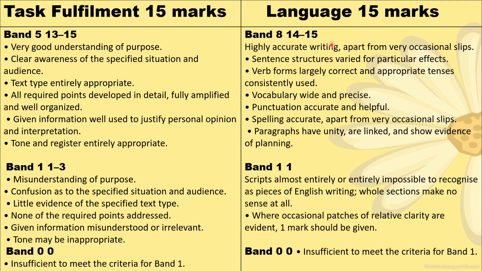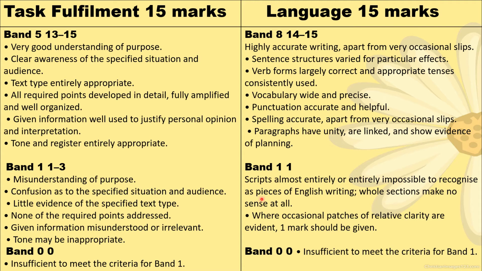Now let's come to language, 15 marks. I again repeat that your 30 marks will be divided into 15 marks for your task fulfillment, separately marked, and 15 marks for your language. So this was the highest band which I have discussed, and now I'm going to discuss band 1. I've skipped the remaining bands because discussing them all will not be possible.